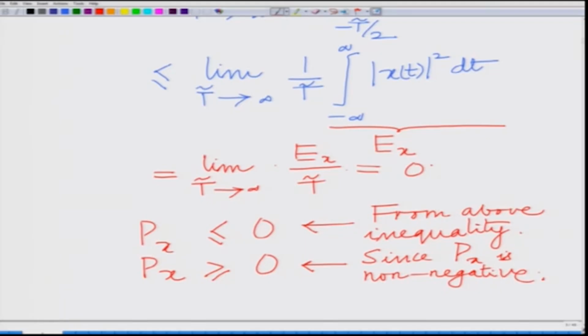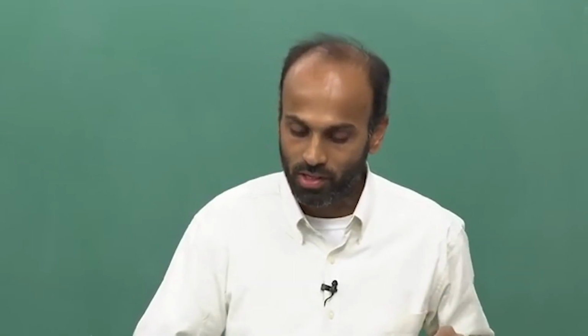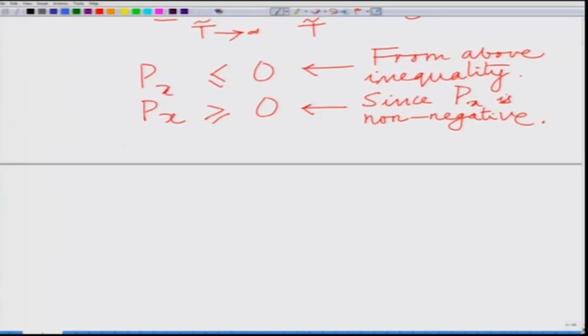P x is non-negative because it is the integral from minus t tilde divided by 2 to t tilde divided by 2 of magnitude x(t) squared dt divided by t tilde. Everything is non-negative, so this is a non-negative quantity. So, the only possibility is that P x is equal to 0. So, P x is equal to 0 for an energy signal.